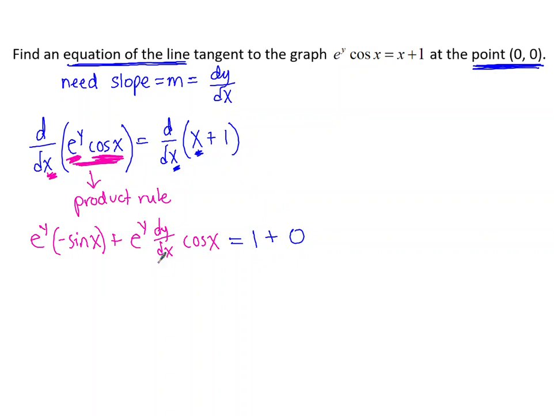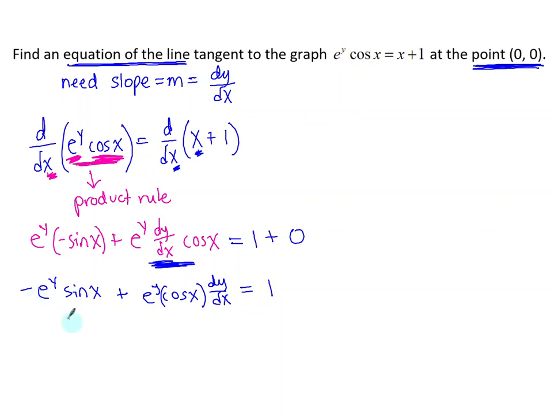I notice I have dy/dx only in this one spot, so I can move this to the other side. Let's simplify first. Negative e to the y times sine of x plus, I would probably prefer to rewrite this as e to the y cosine x times dy/dx equals 1.